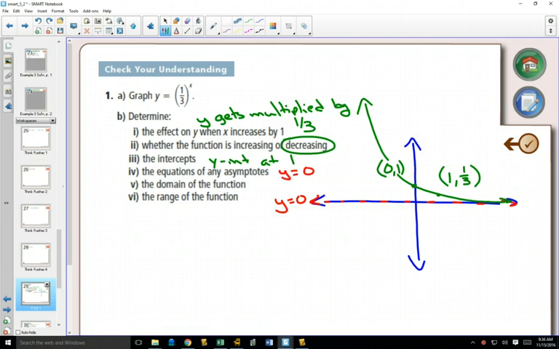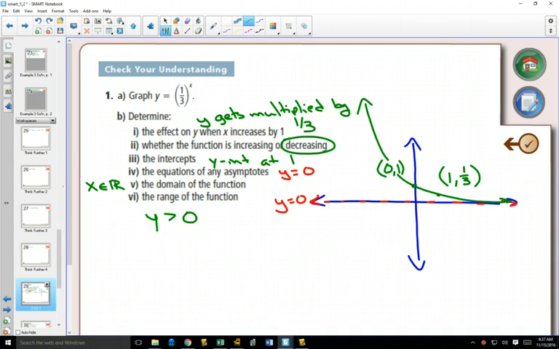The domain of the function, the domain is everything in an exponential function. There's not a value of x that's not allowed. So our domain is everything. And our range, because there's an asymptote at 0, y is bigger than 0. It can get as close to 0 as it likes, but will never touch 0.